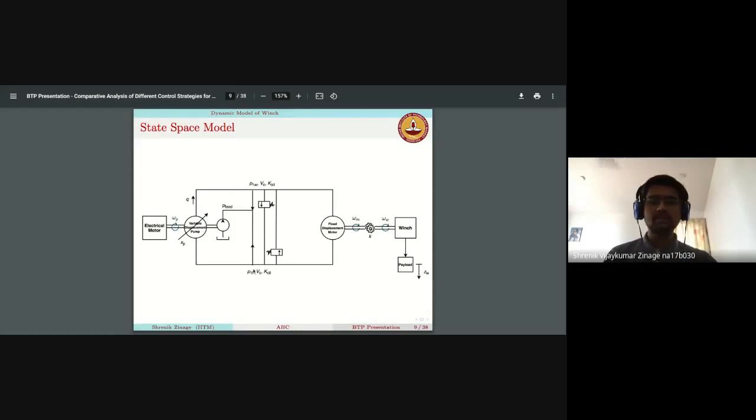So the change in pressure on both sides would be higher, due to which the rotation omega m would be higher. If you keep the valve at a low value, the displacement through the variable displacement pump would be low, due to which the change in pressure would be small, and the displacement motor would rotate at a small RPM omega m.